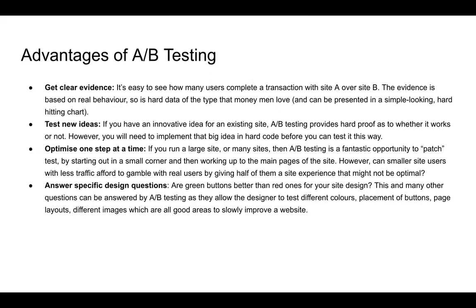So, test new ideas. If you have an innovative idea for an existing site, A/B testing provides hard proof as to whether it works or not. However, you will need to implement the big idea in hard code before you can test it this way.